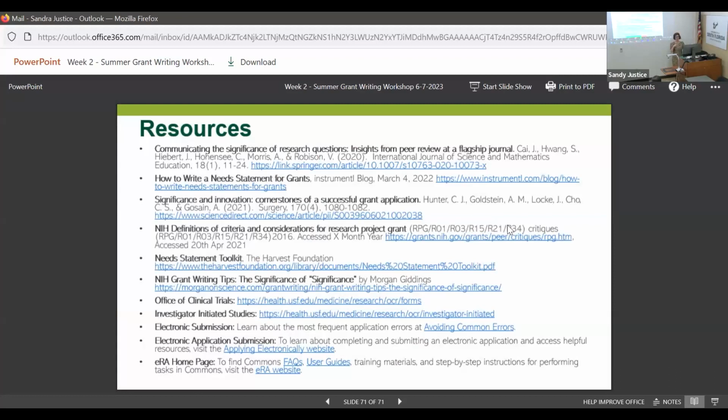And we have some links to other resources. When we have resources in the syllabus, as far as invited speakers and links to journal articles, the reason why none of this is required is because you should really only be focusing on those resources that resonate with your research. So if you're an NIHer and you see resources in here that are for NIH, how to write an NIH grant, then you'll want to go to the NIH ones.